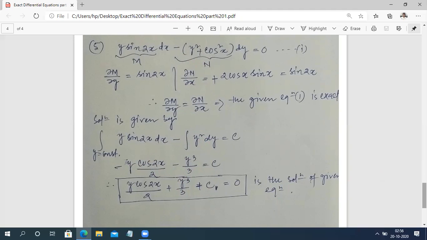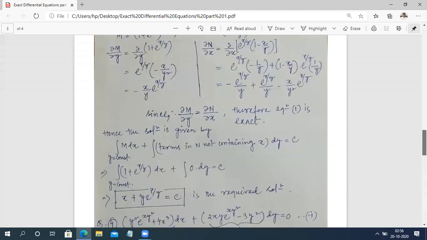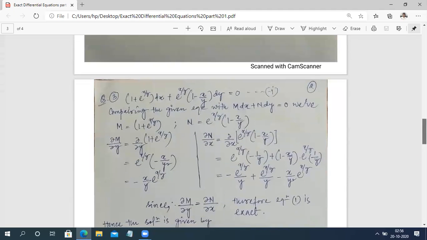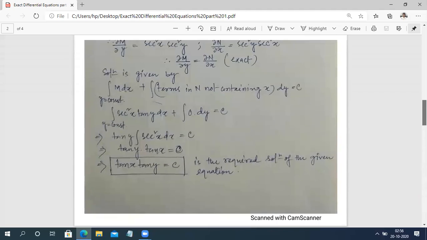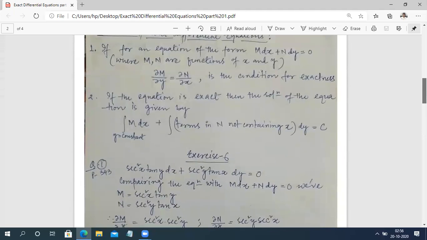I hope you have understood how to solve any exact differential equation. There are only two steps. The first step is to identify m and n, then partially differentiate m with respect to y and n with respect to x, then check whether these two values are the same or not.